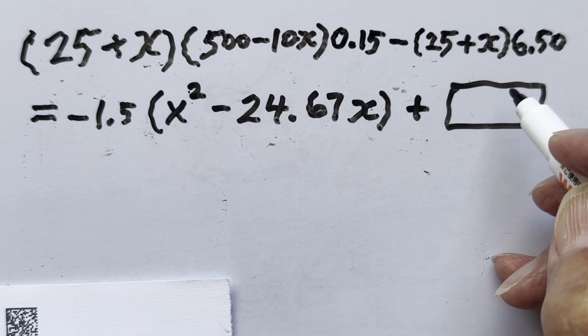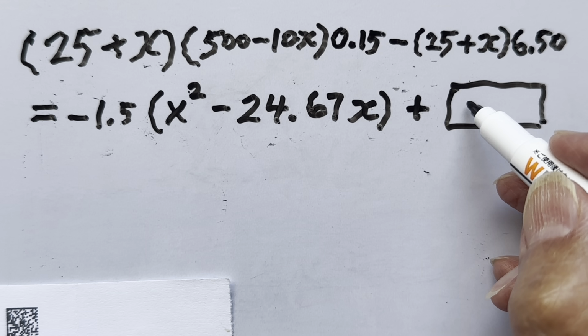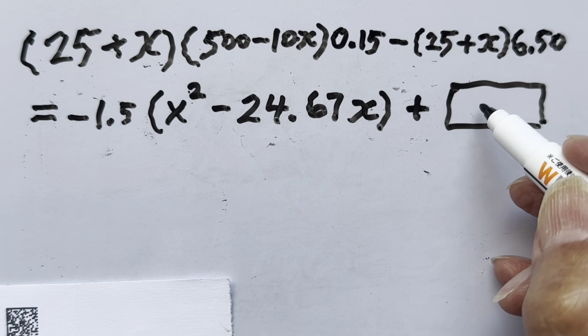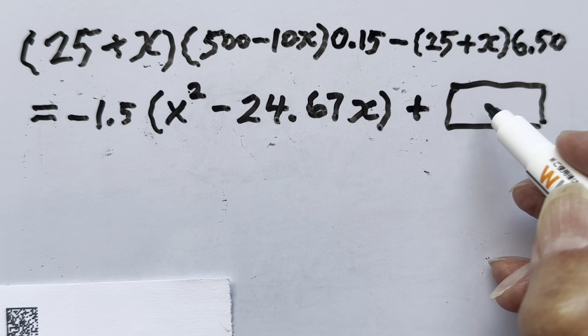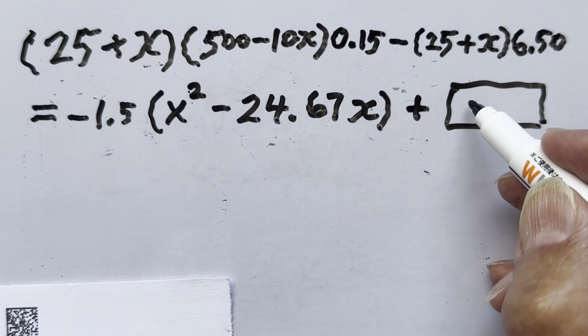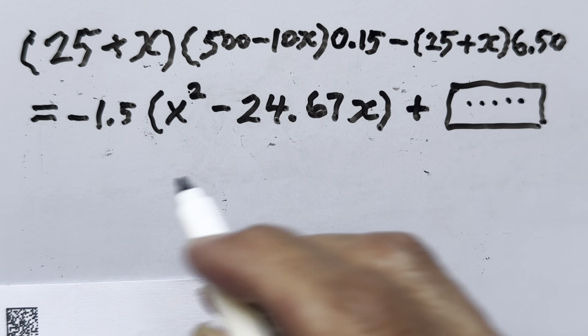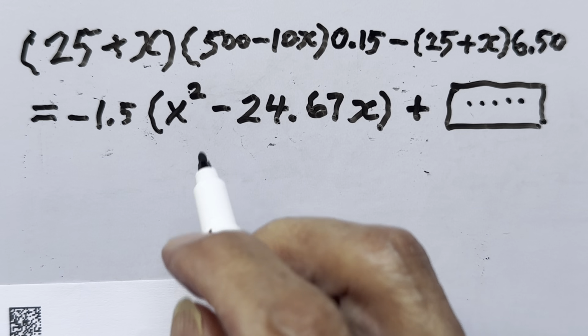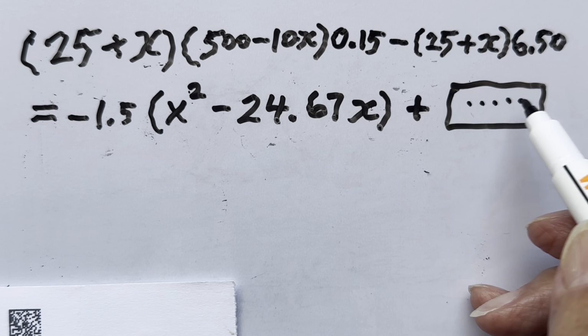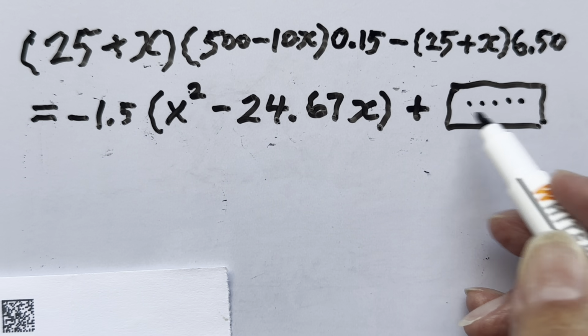In my draft, I made a mistake here, but that doesn't affect my final answer. I just leave this, there is some number here. So what we need now, this is just a number, okay? There is no x in this part.